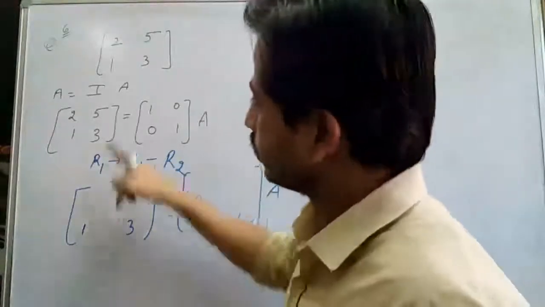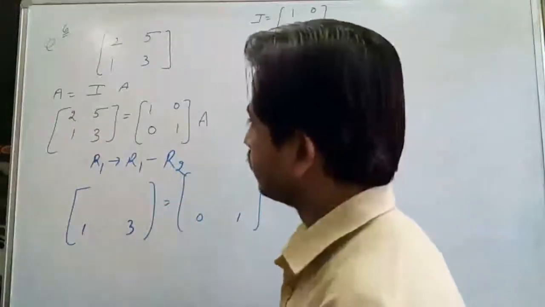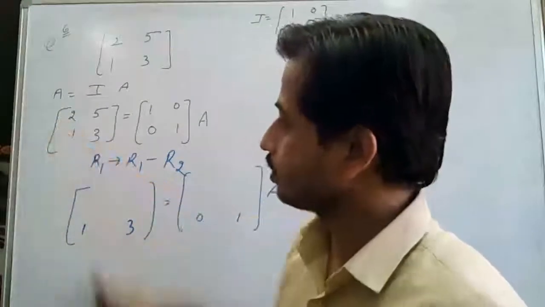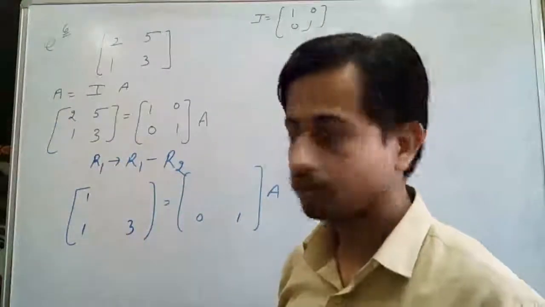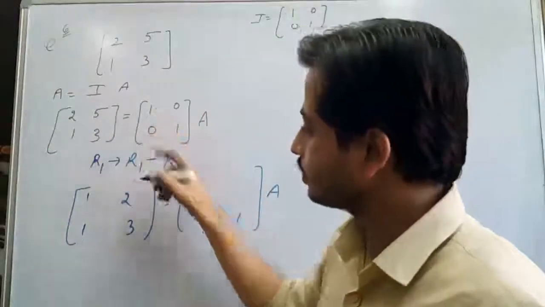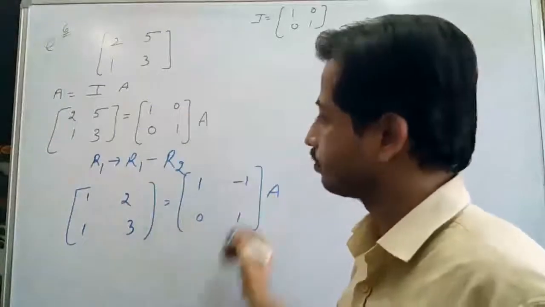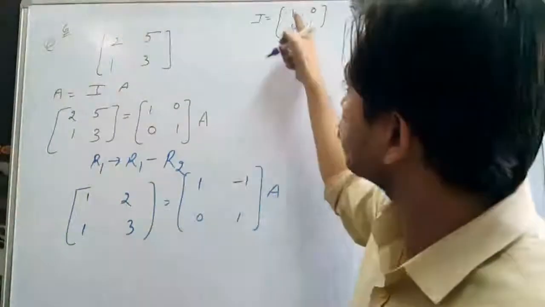Now 2 minus 1, we get 1. 5 minus 3, we get 2. 1 minus 0, we get 1. 0 minus 1, we get minus 1. So we get our first element.